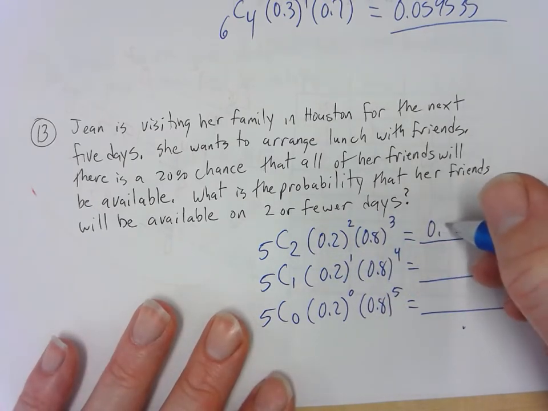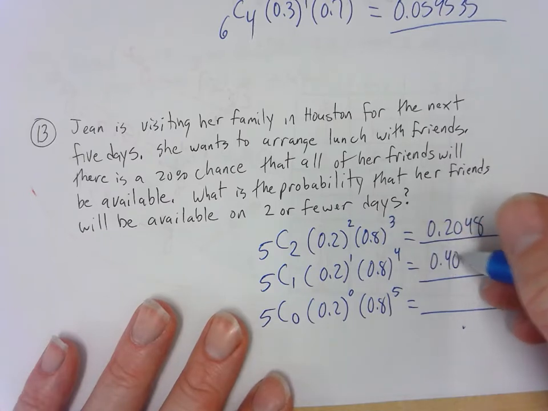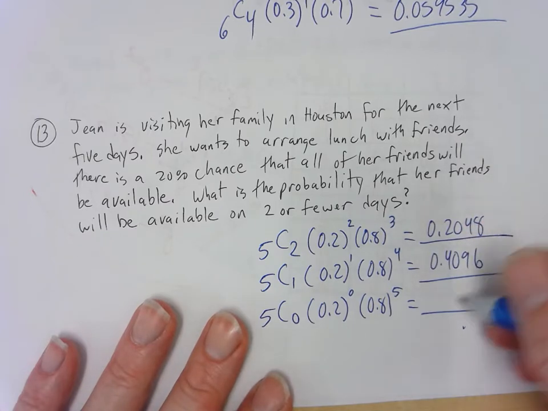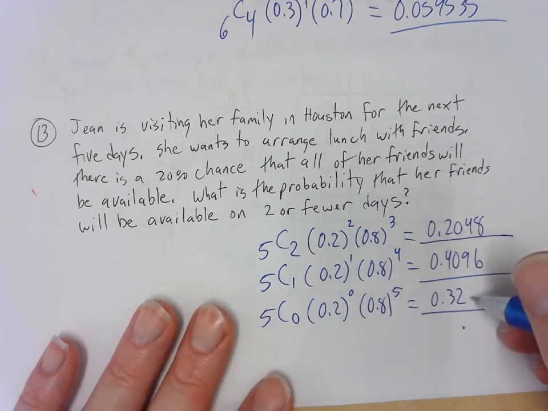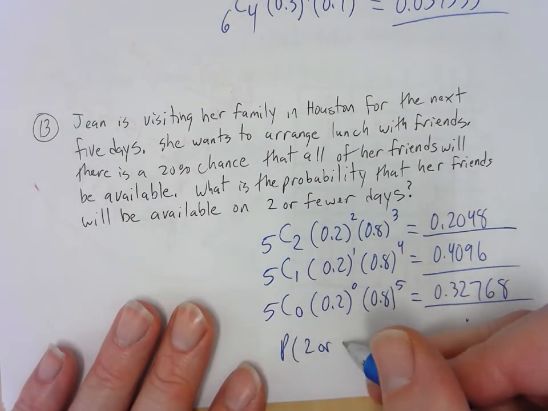So there's a 20% chance this day if we type this in. There's a 40% chance that this will happen if we type this in, and a 32% chance that this will happen. Now, if we add all those together, that would be the probability of 2 or fewer.